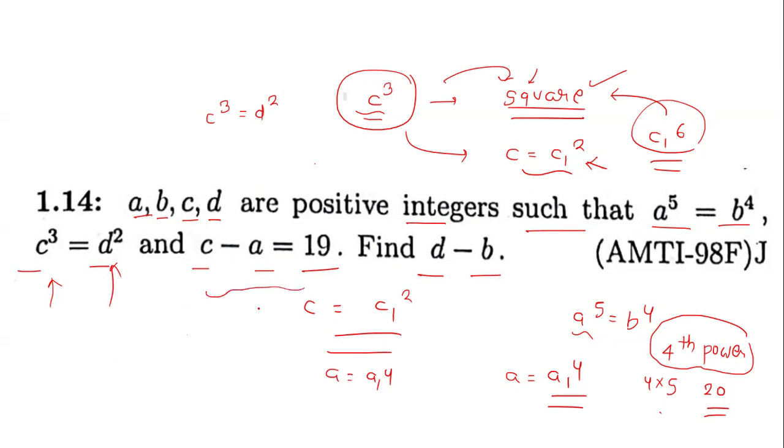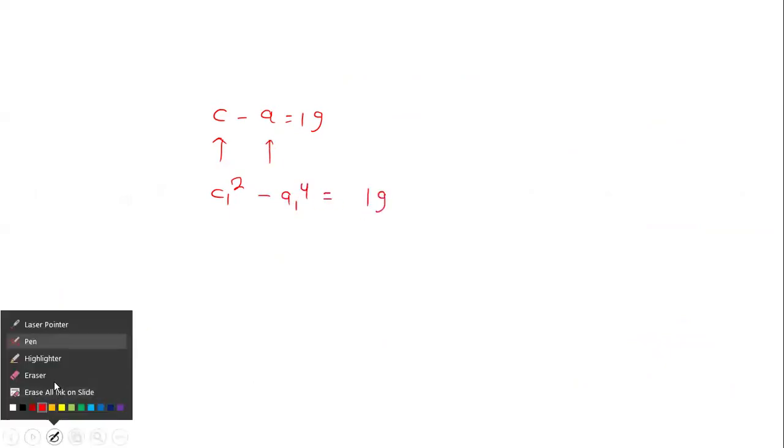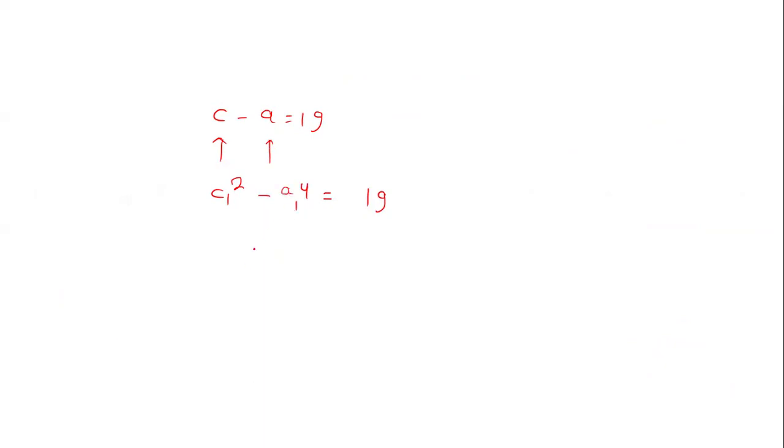Now c minus a is 19, given in the problem. If we put c as c1 square and a as a1 raised to power 4, we have this equation. We can factorize it this way: c1 minus a1 square multiplied by c1 plus a1 square is 19.